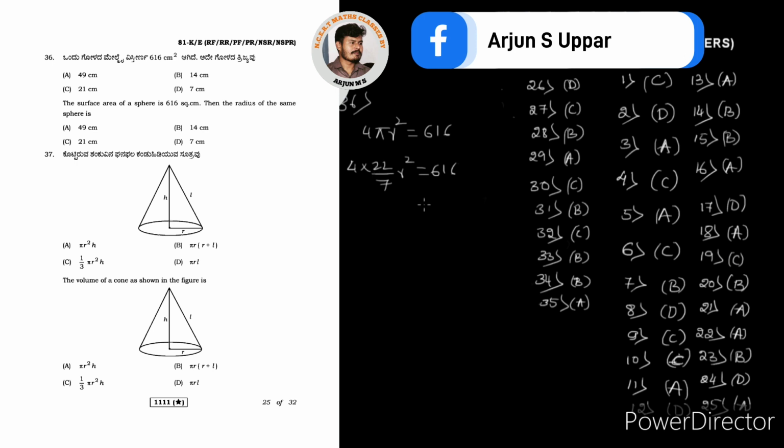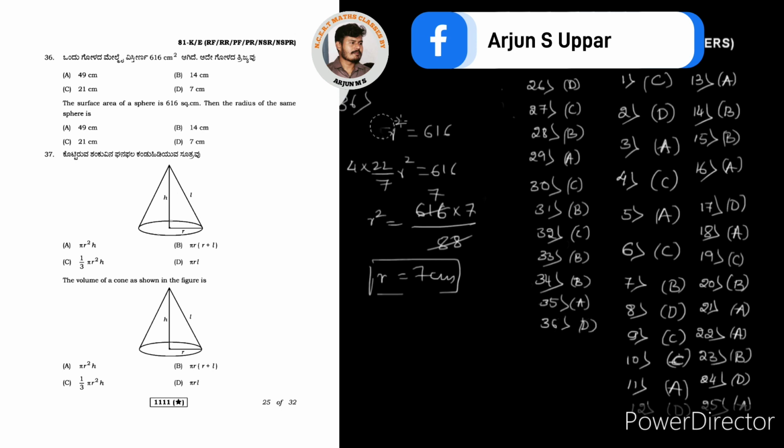Then transpose each and every numerical value to RHS, we get r square is equal to 616 into 7 divided by 88. So 88 7s are 616. So that's why r is equal to 7 centimeter is the answer. So now option D is the correct answer for 36th question. Option D, 7 centimeter, is the right answer.